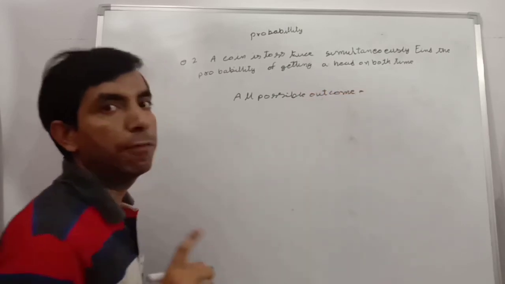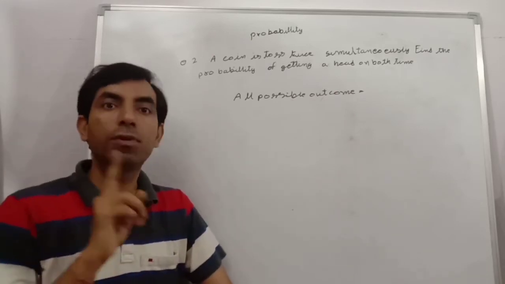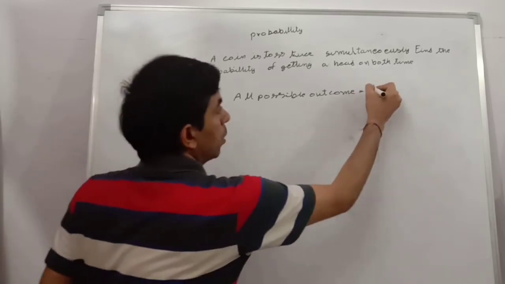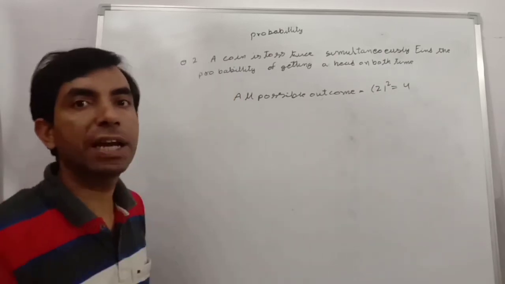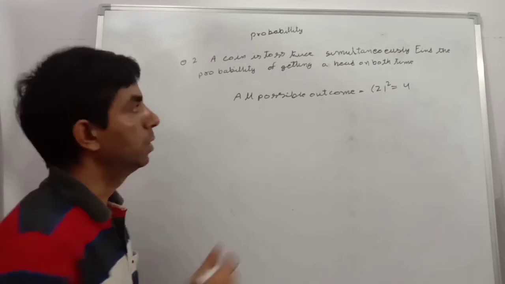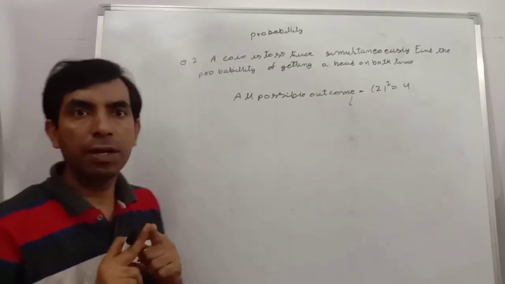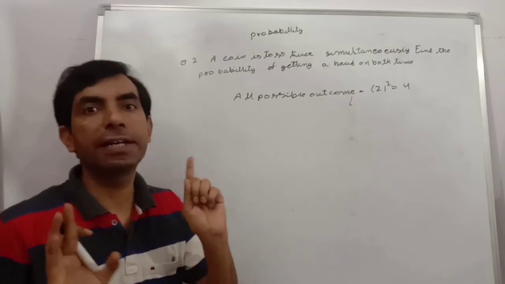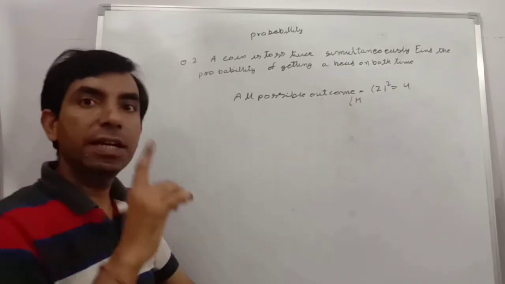We know that if we toss the coin 2 times, then 2 to the power 2. 3 times, 2 to the power 3. Here we get all possible outcomes, 2 to the power 2 means 4. If we want to check what the four events of all possible outcomes are, first I check. We know that in a coin we get only head and tail. First I take head in the first and change in the second.